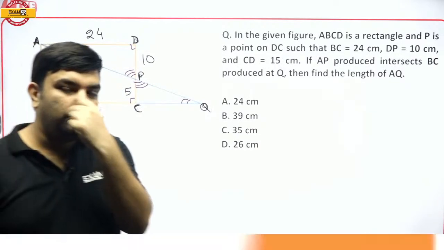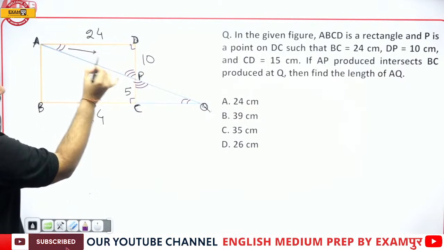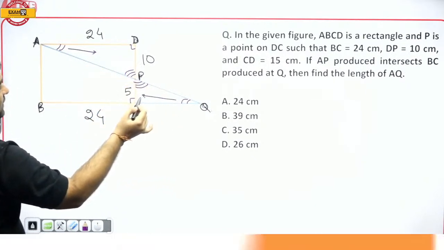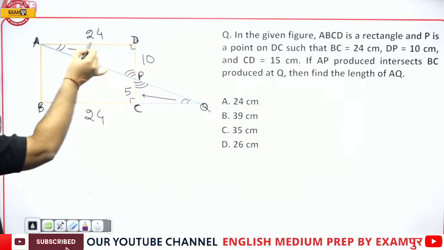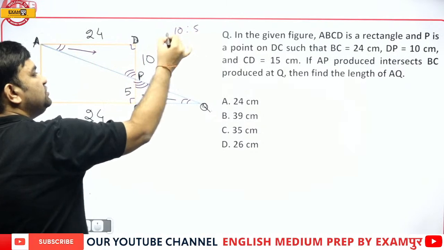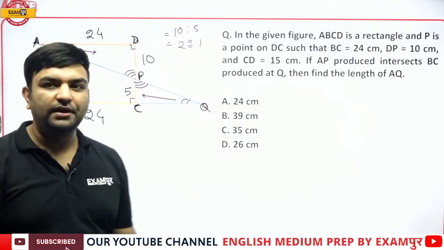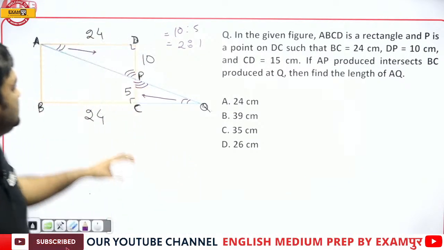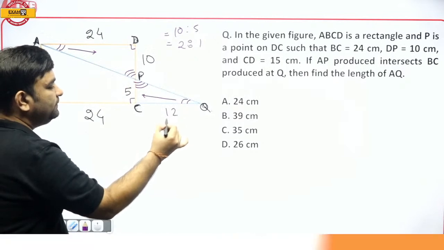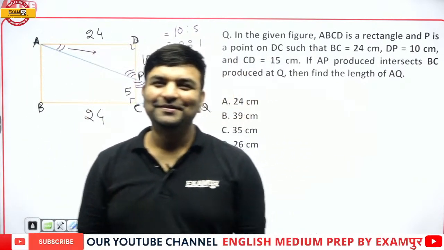The side opposite the second angle is 10 in one and 5 in the other, so their corresponding sides are in the ratio 2:1. So if this is 24, this is going to be 12 to maintain 2:1. Question is over.